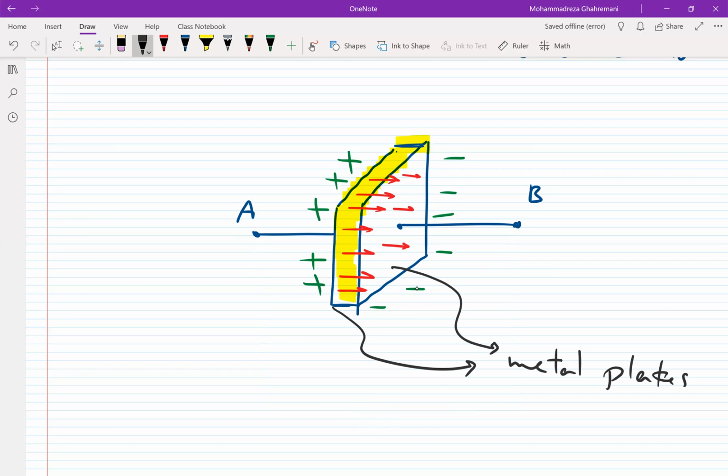The space between these two plates is filled with dielectric material, which could be glass, air, vacuum, plastic, or any dielectric material. There is a distance between these two plates, which we call D. Each plate has a surface area, which we call A, and each dielectric material has a parameter called dielectric permittivity. We show it with epsilon.